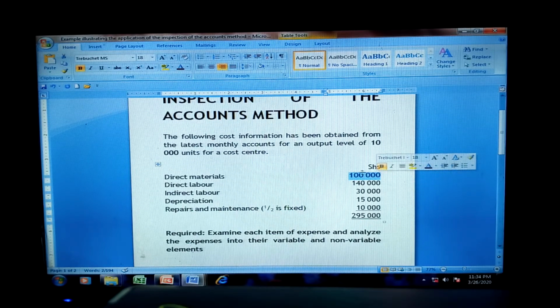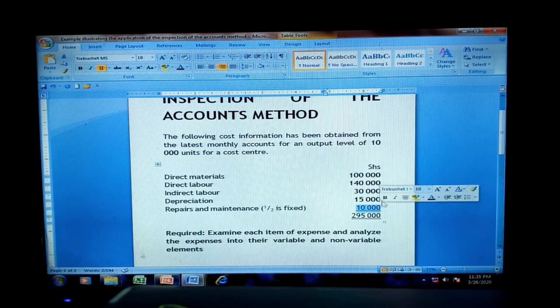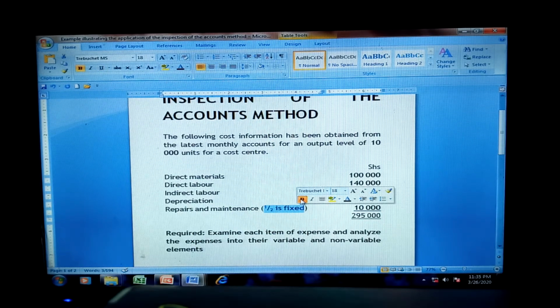Now this direct materials is incurred for a total of 10,000 units. You have 140,000. That is direct labor. Then we have indirect labor. We have depreciation. Then we also have repairs and maintenance. But as you can see, this is a semi-variable cost where a half is fixed and the other half is variable.